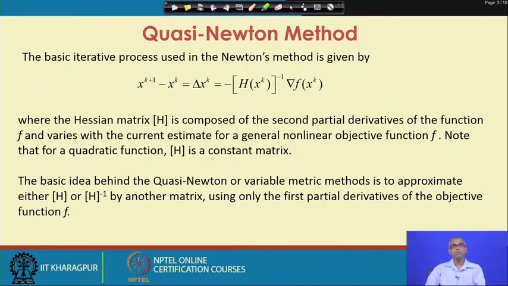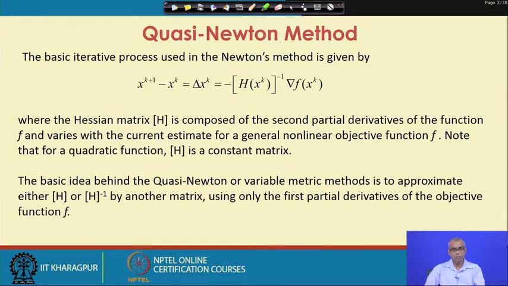Let us first briefly talk about Quasi-Newton method. The basic iterative process used in the Newton's method is given by x k plus 1 minus x k equal to minus Hessian inverse into gradient of f, both evaluated at current point x k.